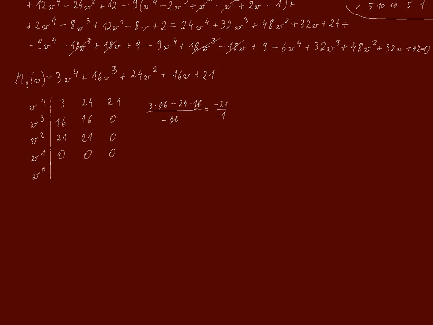We have a row of zeros, so we proceed as in the root criterion. There was no sign change anywhere, but one has to remember that there was a row of zeros.